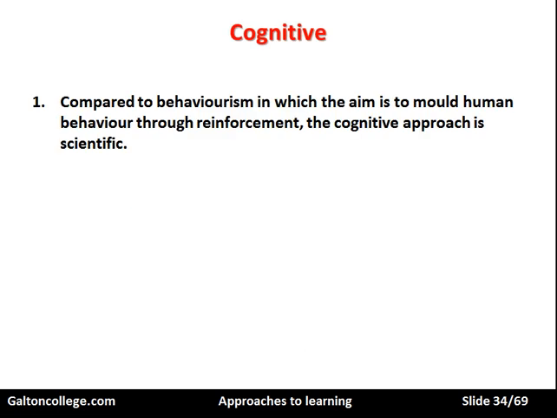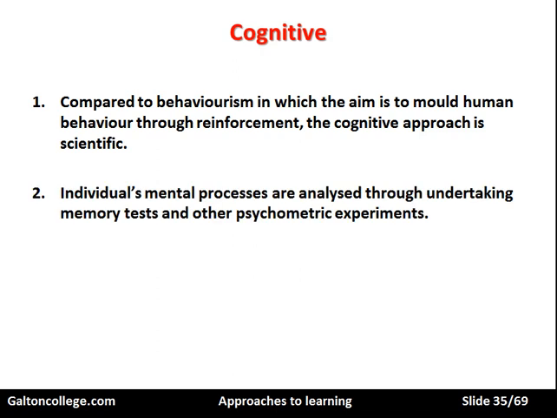Compared to behavioralism, in which the aim is to mold human behavior through reinforcement, the cognitive approach is scientific. The cognitive approach tends to be more scientific. The individual's mental processes are analysed through undertaking memory tests and other psychometric experiments. Measurement experiments, if you like. Psychometric, measuring the mind.